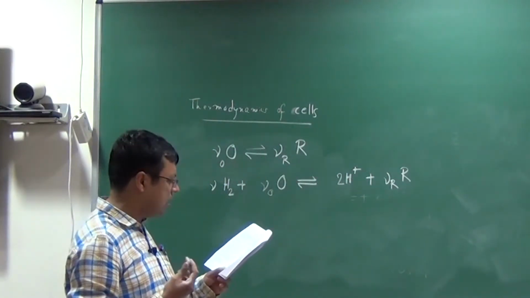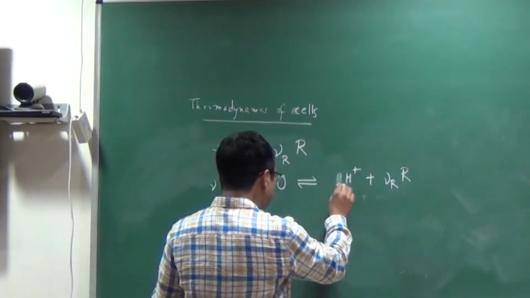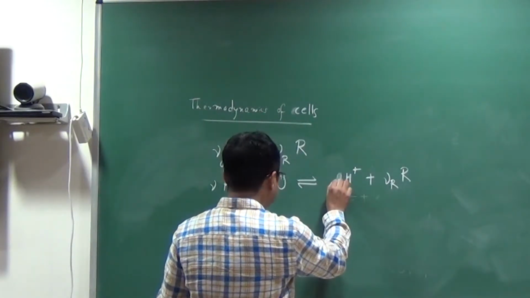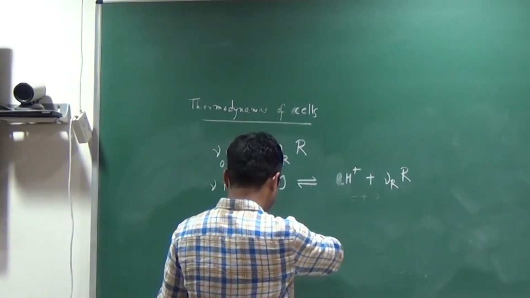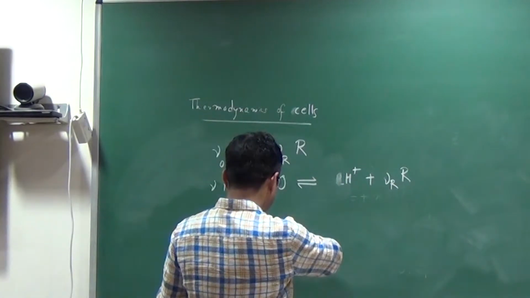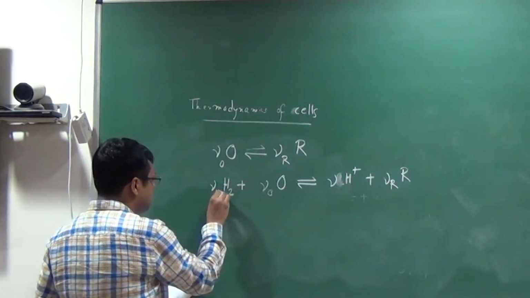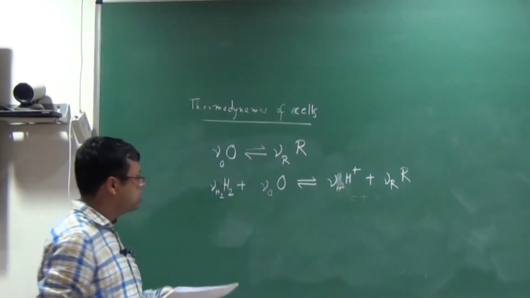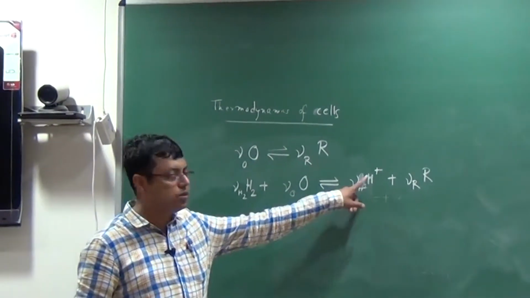But I can actually write it as something like this. So nu H2 is the stoichiometry of hydrogen, and nu H plus is the stoichiometry of H plus.